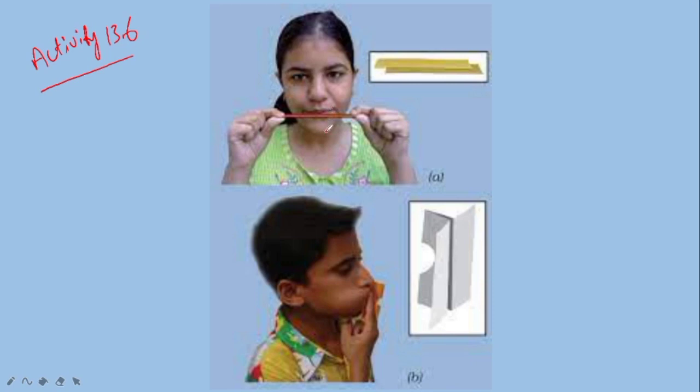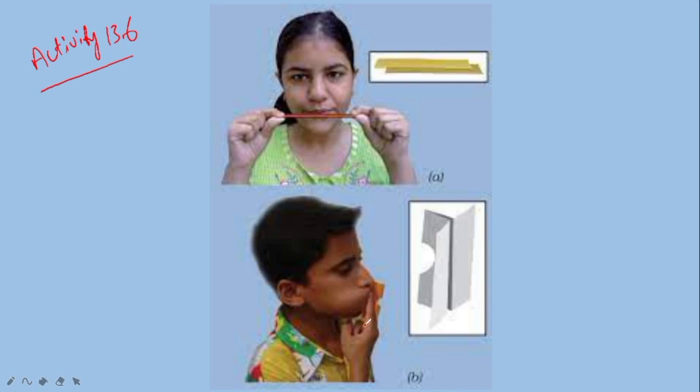You can also take a piece of paper with a narrow slit, as you can see in this picture, and hold it between your fingers like this. Now blow through the slit and listen to the sound. By doing this activity, what can we say?